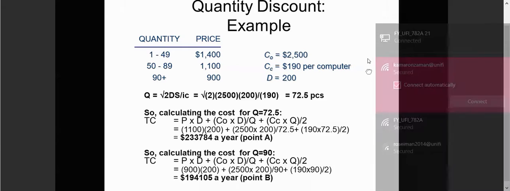So under this topic, we will discuss the quantity discount model and also the production or finished goods replenishment rate model.